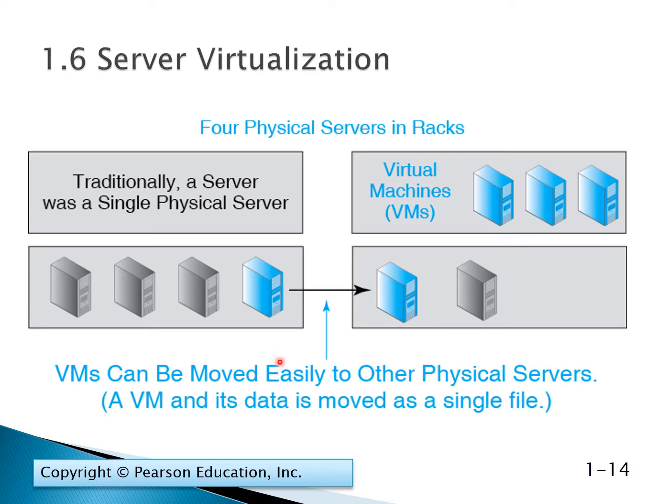So virtual machines can be moved easily to other physical servers. In that case, a virtual machine and its data are moved together as a single file. So it's making all this very flexible. That's why when you are using Google Web Services or Amazon Web Services, you can easily run different settings or different virtual servers on these computers or using these services.